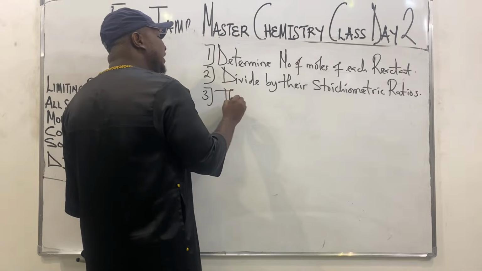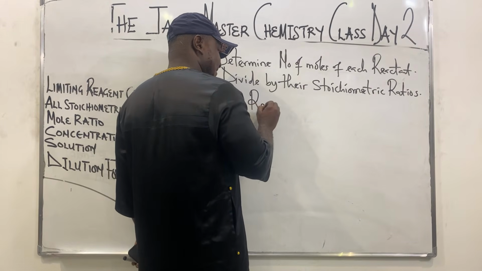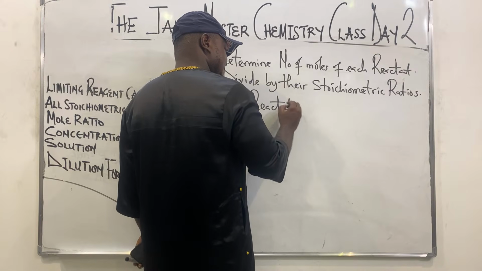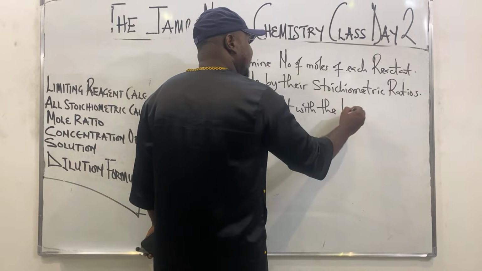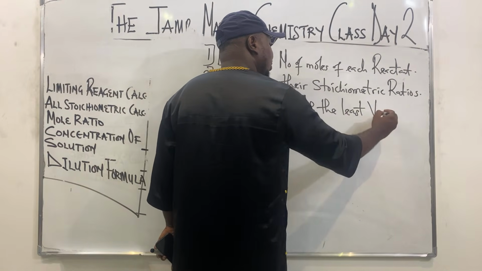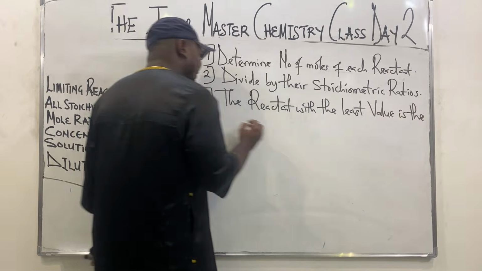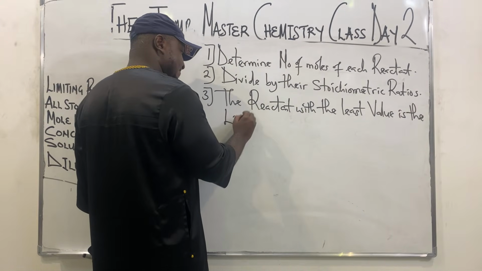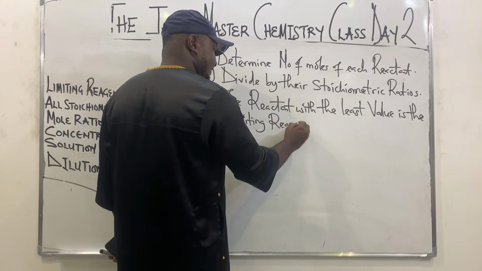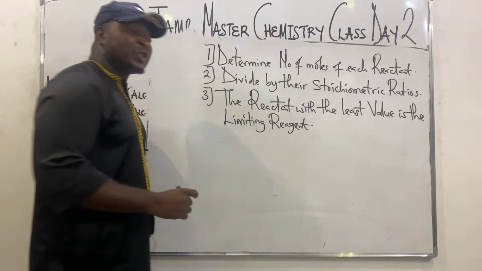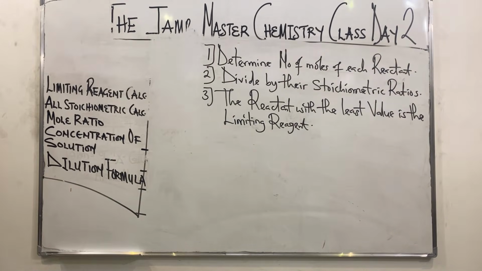3. The reactant with the least value is the limiting reagent. I'll give you a small time to write it and I'll explain.